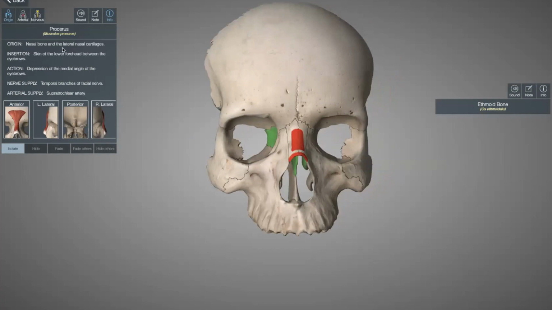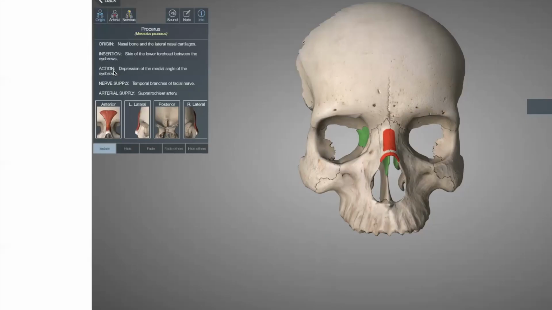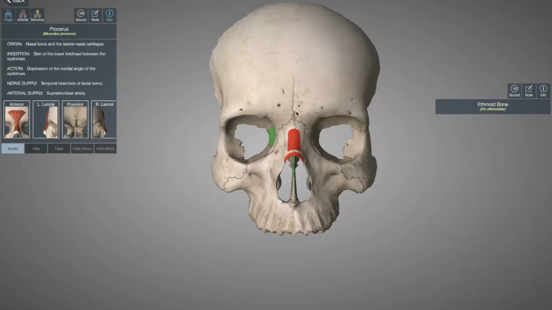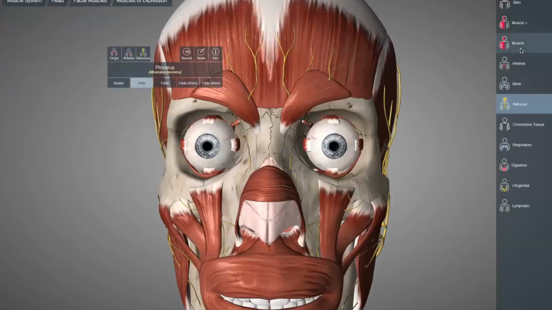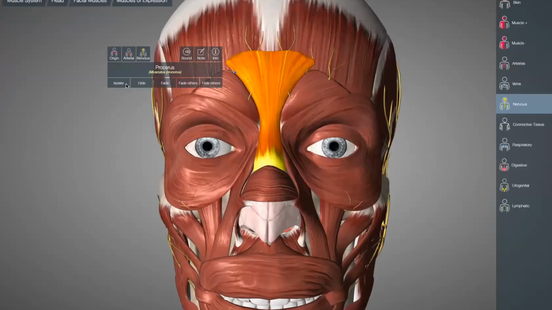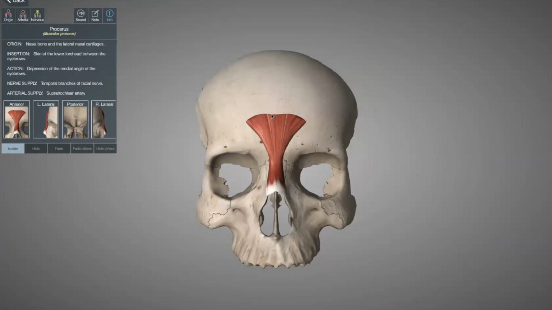And it inserts into the skin of the lower medial forehead, the skin of the lower forehead between the eyebrows, here. It originates from the nasal bone and inserts into the skin of the lower medial forehead.